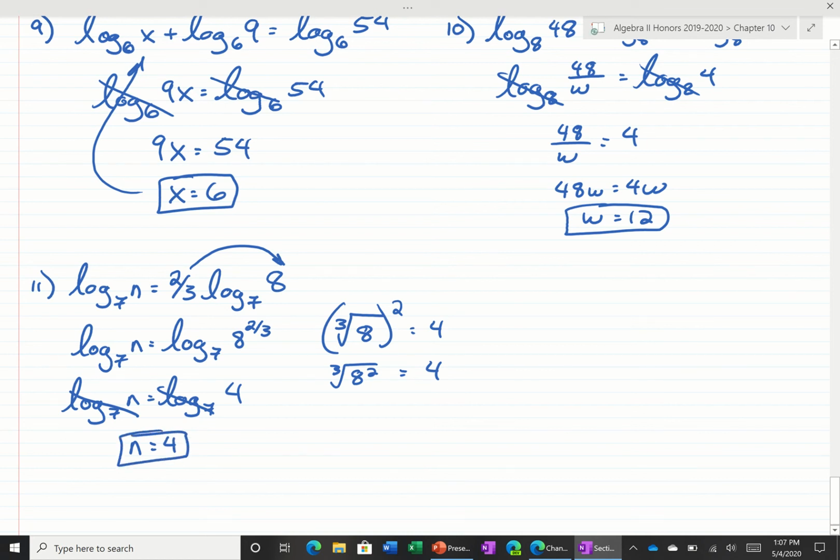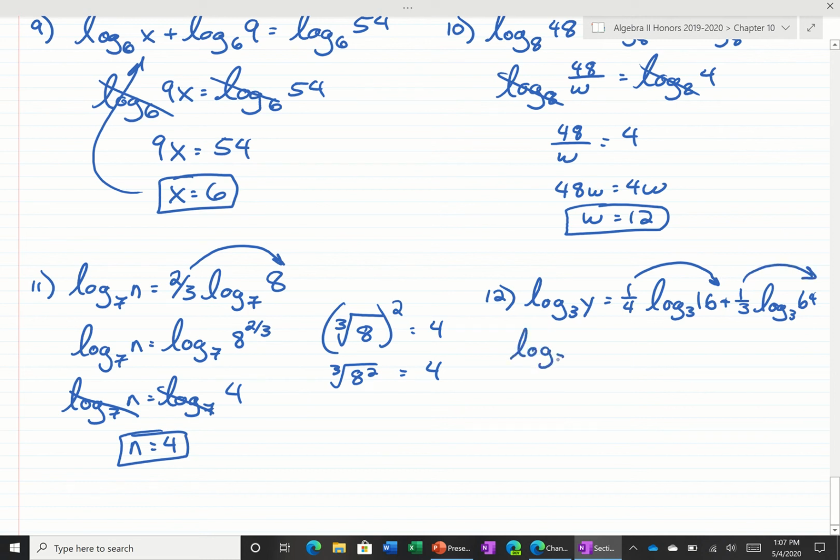All right, so now we're getting into some more entertaining problems. Problem number 12, it says the log base 3 of y is equal to 1/4 times the log base 3 of 16 plus 1/3 times the log base 3 of 64. We could bring those powers up.